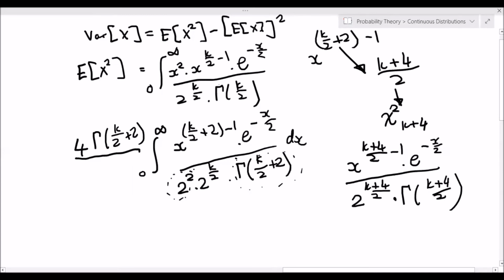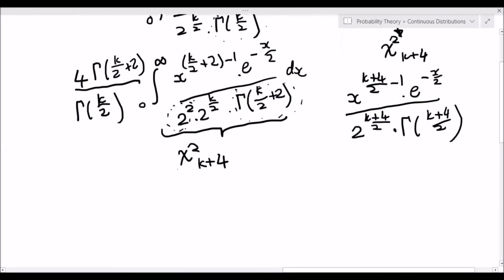And since we had this gamma of k/2 in the denominator, we brought it outside of the integral and then we left it over here. And then we know that this is the integral over the entire support of a chi-squared distributed random variable with k+4 degrees of freedom. So we know that this integral resolves to 1.